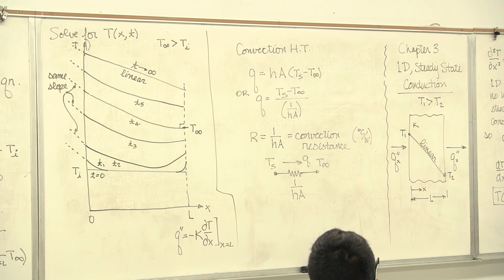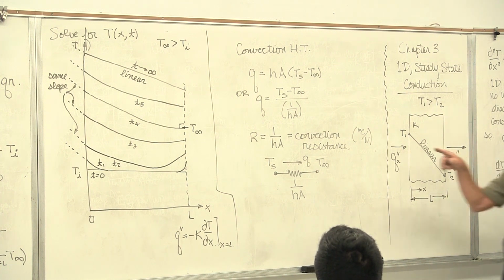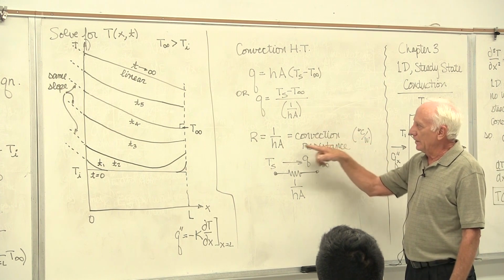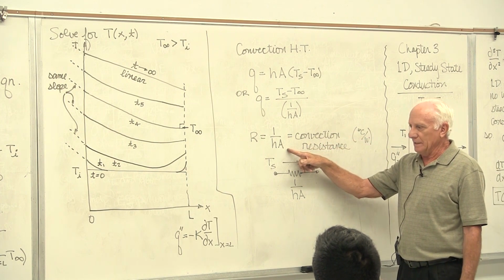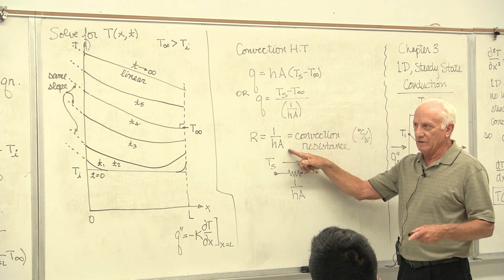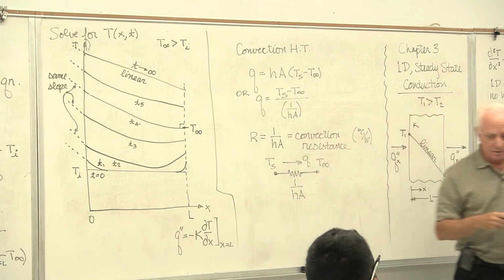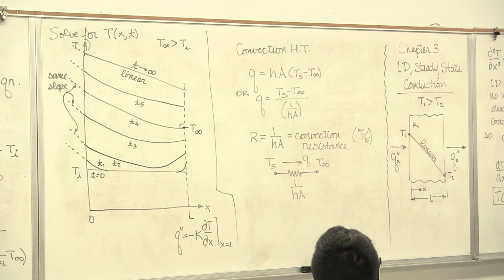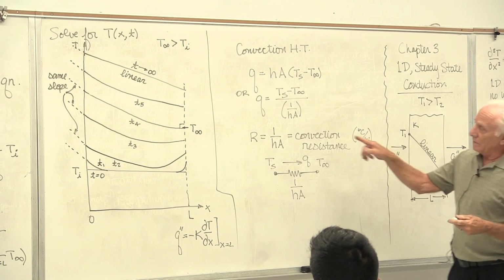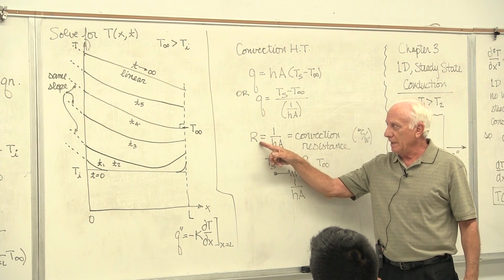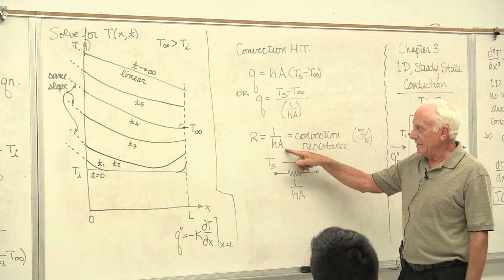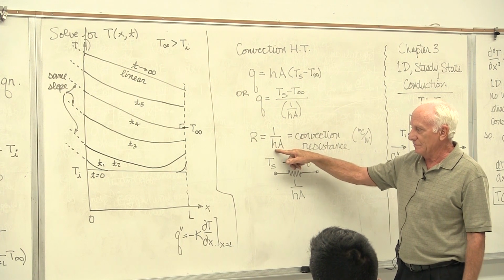All right, let's take convection. If I want to insulate something from convection, say I have a hot gas stream and I want to insulate a turbine blade from the hot combustion gases, of course we do. If I want that resistance to be big, then I can make the area small or make h small.